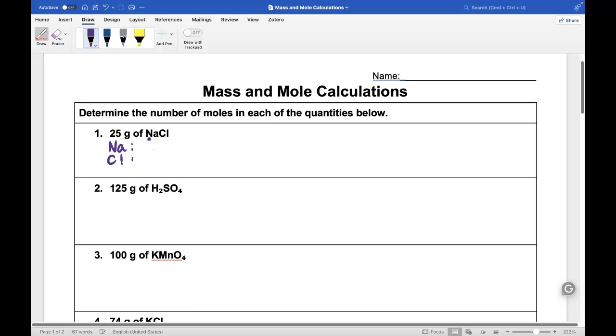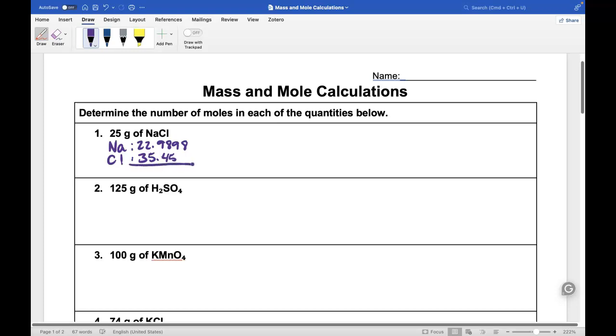I'm just going to look at my periodic table and find the atomic mass of sodium, and it's 22.9898. I'm going to keep all my numbers. Then chlorine is 35.45.